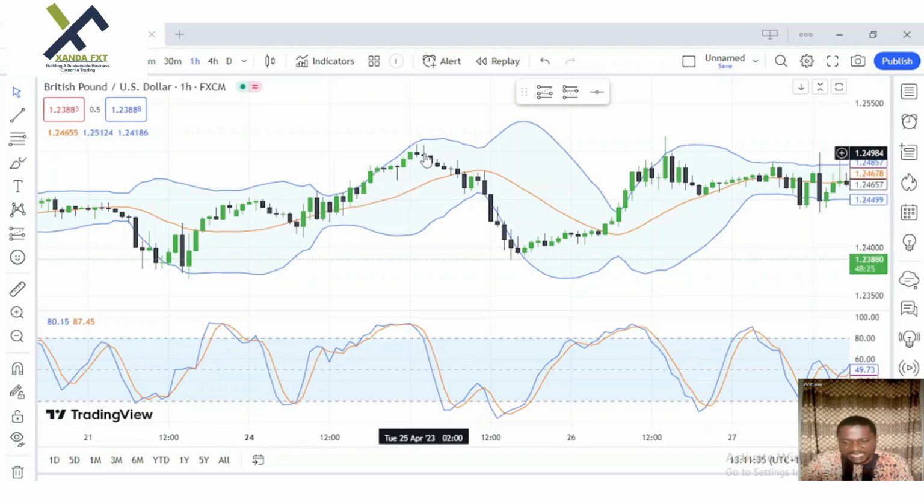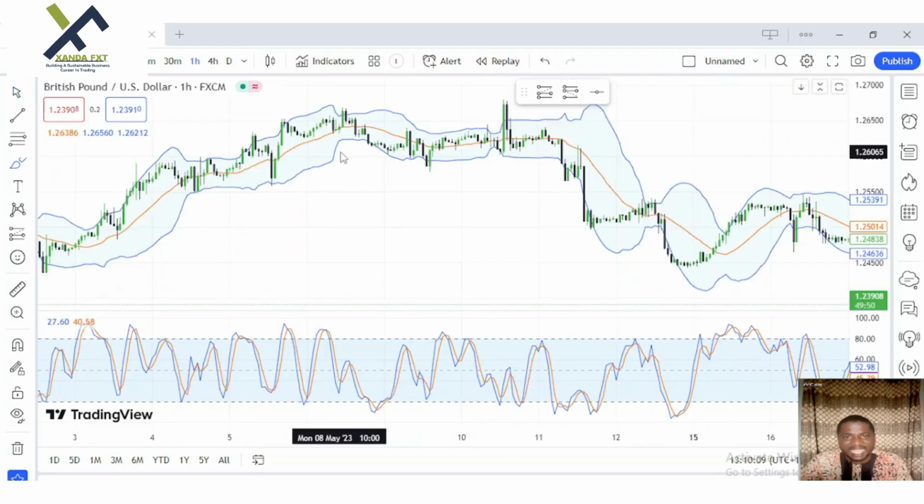All of a sudden, a bearish pin bar or inverse hammer was formed. Okay, an inverse hammer followed by another inverse hammer followed by a bearish confirmation is giving you a signal that this market will no longer continue in an uptrend, but there will be what? A reversal in price movement. You must pay keen attention to the pattern that is formed at the upper or the lower band. Those patterns will help you to know when to exit the market.